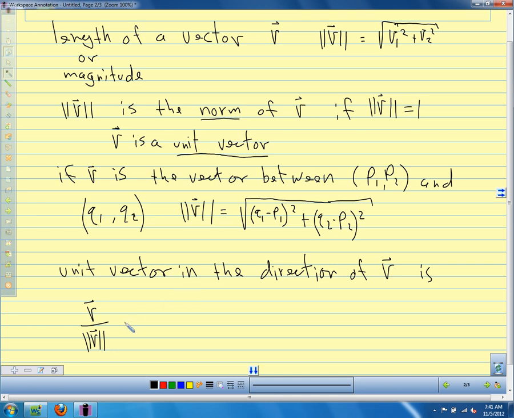When we divide by the length of the vector to find a unit vector in the direction of a vector, we call that normalizing the vector. So if our problem asks us to normalize the vector, what it's asking us to do is find the unit vector in the direction. And all we do is divide by the magnitude.